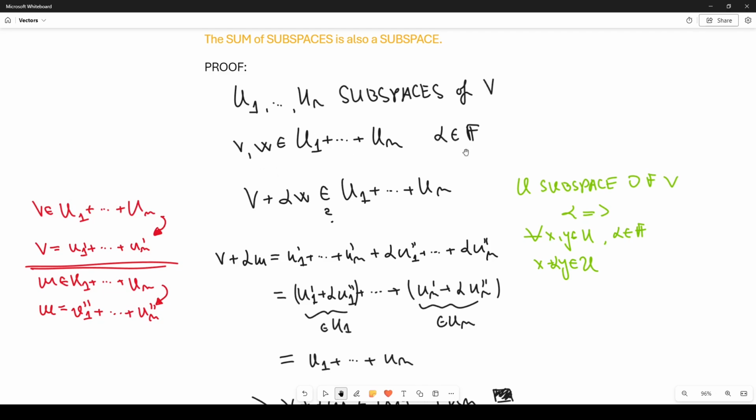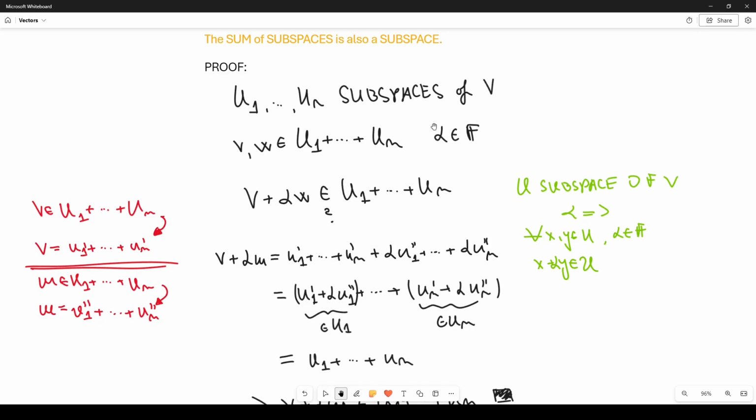And now to show that this sum over here is a subspace, we're going to use this previous result we've established for testing whether a given subset of a vector space is a subspace. So we will take two elements, v and w, from the sum. We will form this sum over here.